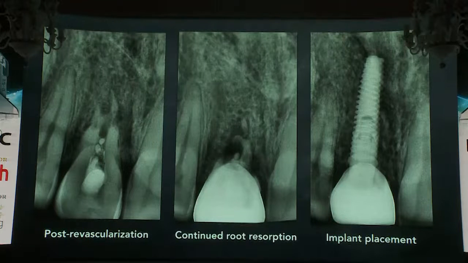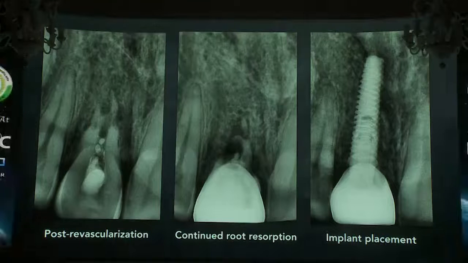This is another case. A patient was referred to me with external and internal resorption, a hopeless tooth. I told the patient he has to extract it and place an implant, but he rejected.